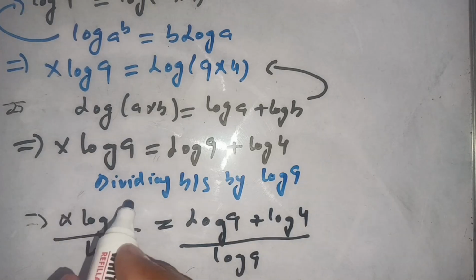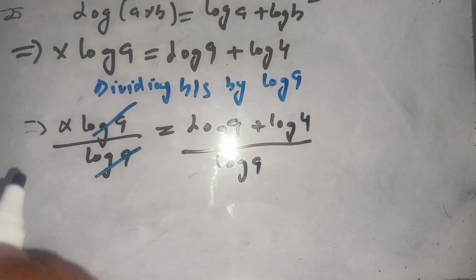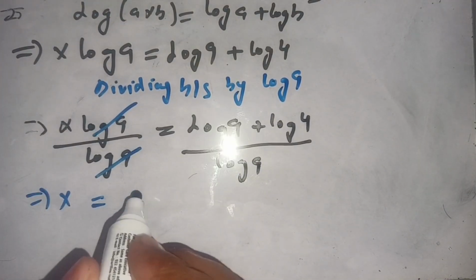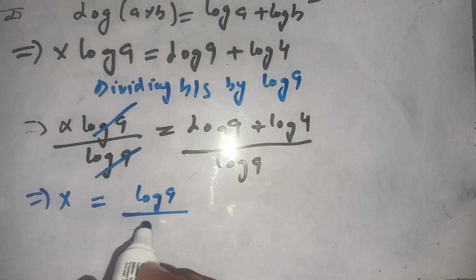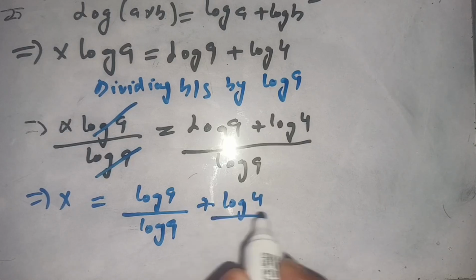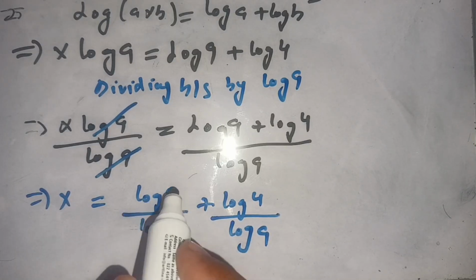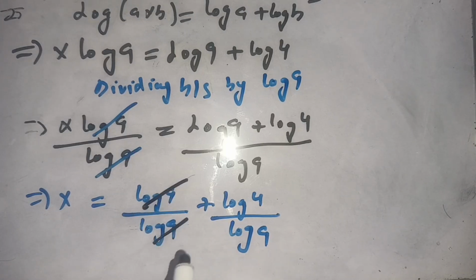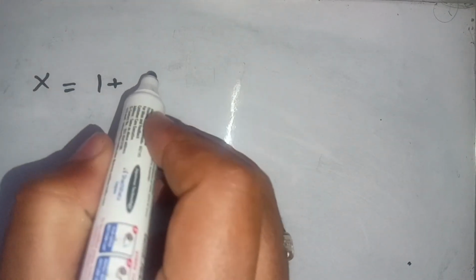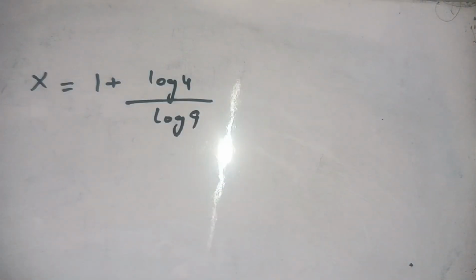Now we can cancel out log of 9 with log of 9, and the remaining part is x is equal to log of 9 divided by log of 9 plus log of 4 divided by log of 9. Now we can cancel out this log of 9 with this log of 9, and the remaining part is x is equal to 1 plus log of 4 divided by log of 9.